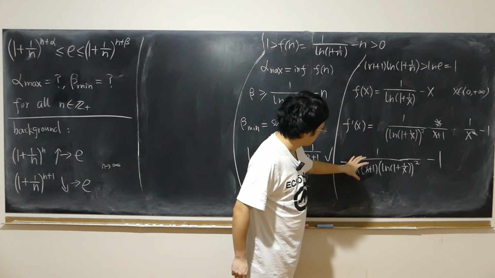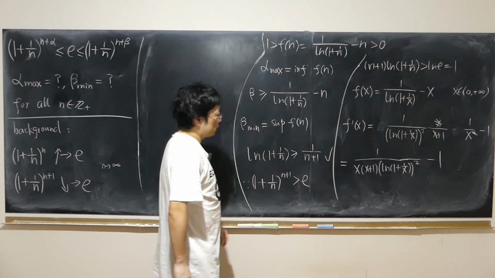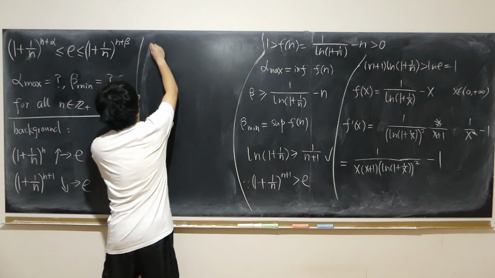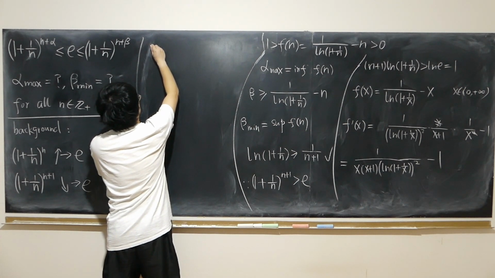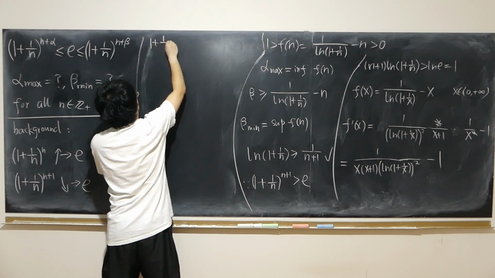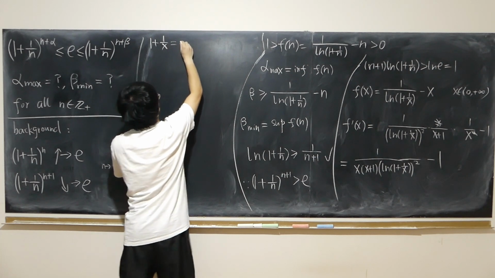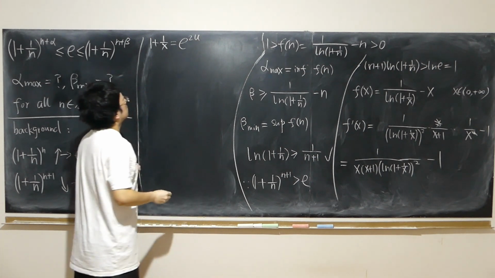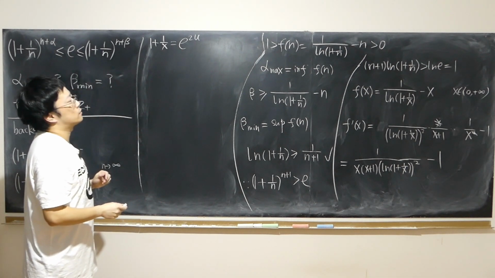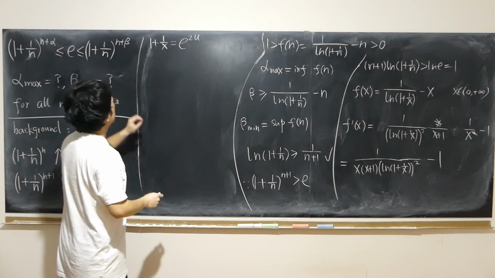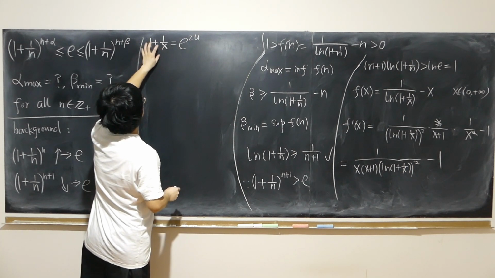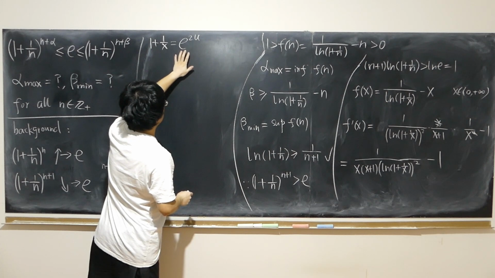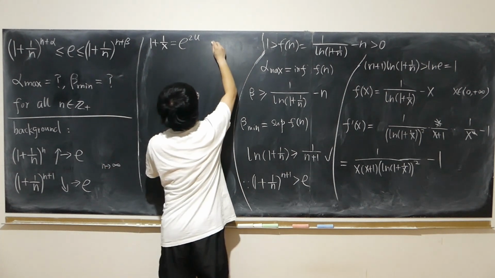So next I want to make some substitution. Let's say I want to let 1 plus 1 over x equal to e to the 2u, where since x is greater than 0, 1 plus 1 over x is greater than 1, which means u is greater than 0, right?